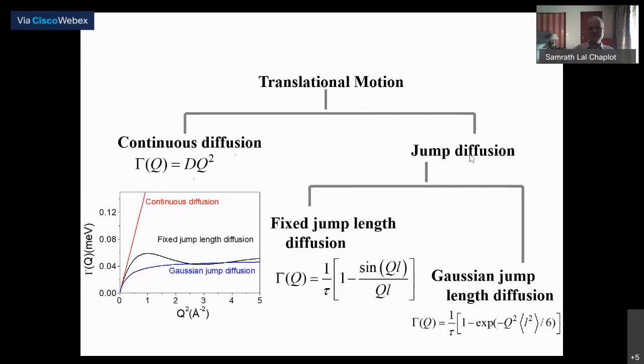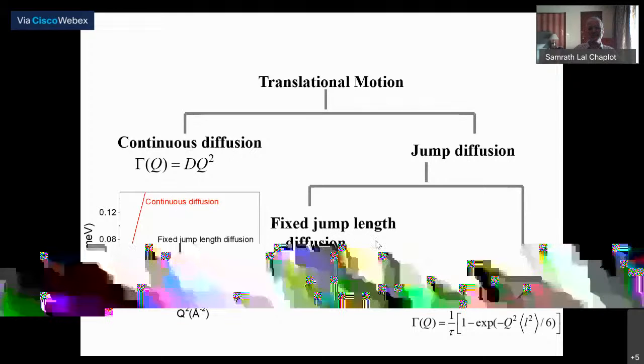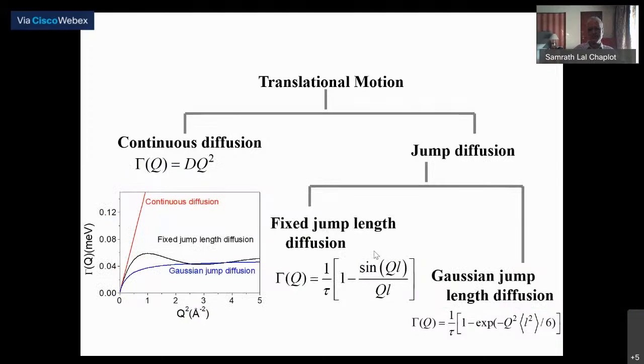However, if there is jump-like diffusion with a definite jump length, this can be easily worked out, using the correlation function corresponding to this dynamics. This is a very straightforward method, and the half width at half maximum has this form.